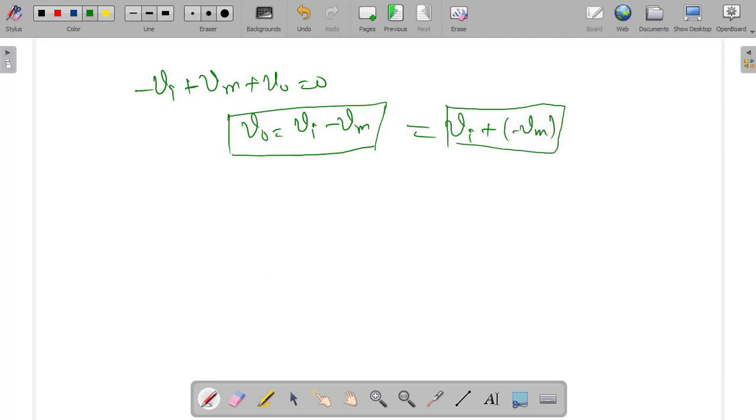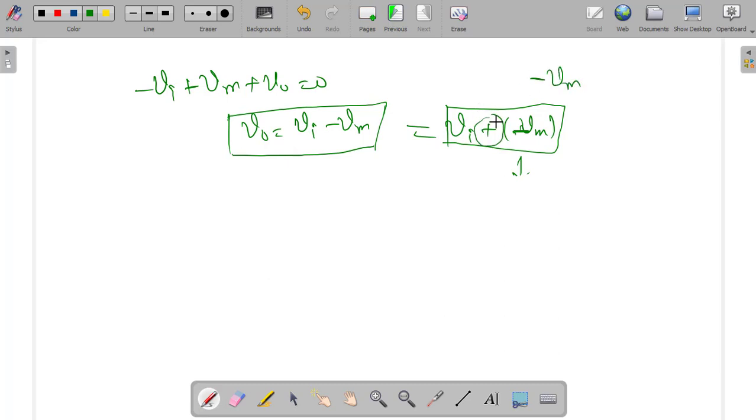Nothing but your output is adding negative DC of minus Vm to your input. Hence, this clipper is called negative clipper. Sorry, this is negative clamper because it is adding negative DC. What is the value of that negative DC? Minus Vm. It is adding negative DC to the input.